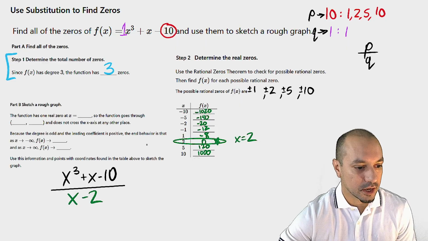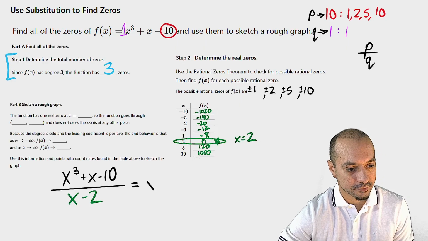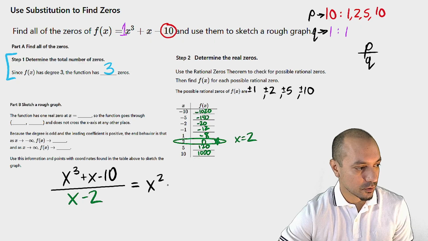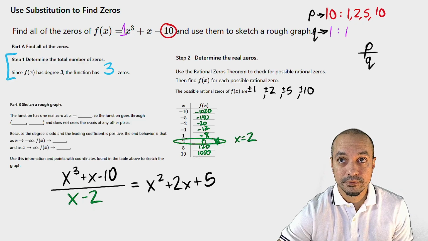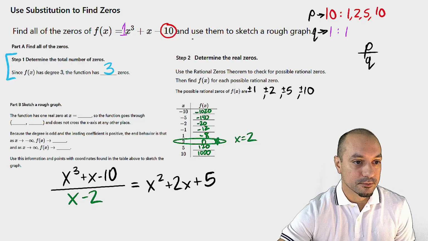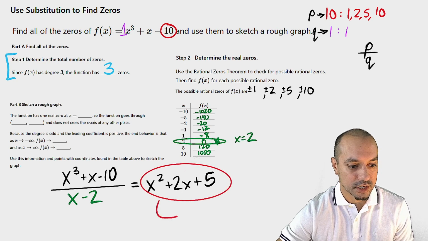When I do that, that'll turn my cubic into a degree 2, so a quadratic. I end up getting x squared plus 2x plus 5. And from here, I'm going to take this quadratic and pop it into the quadratic formula.